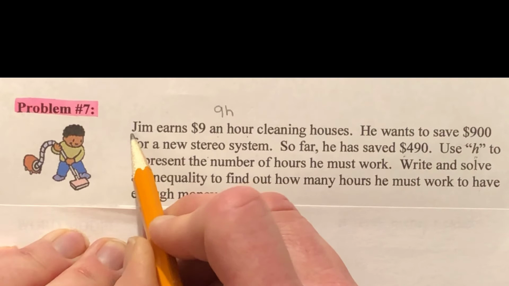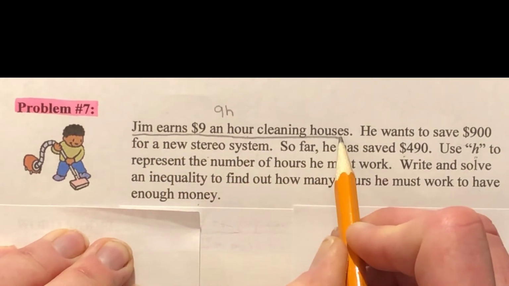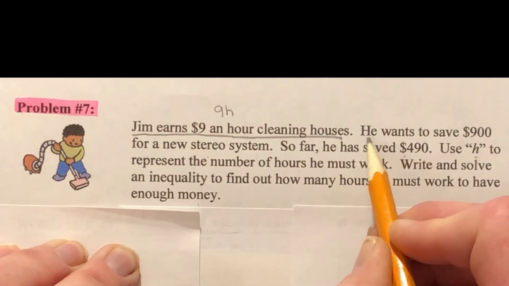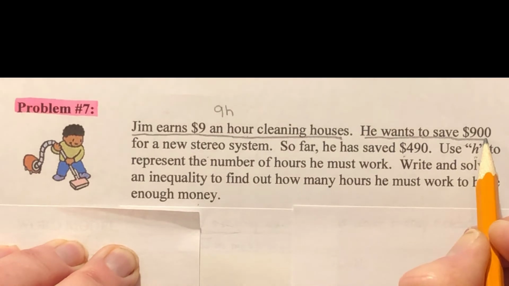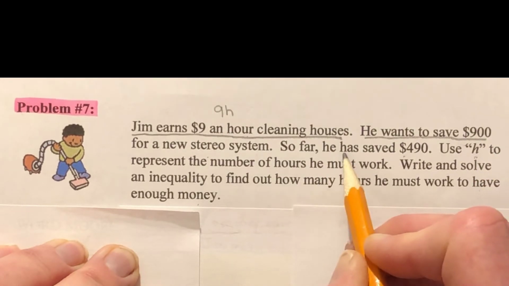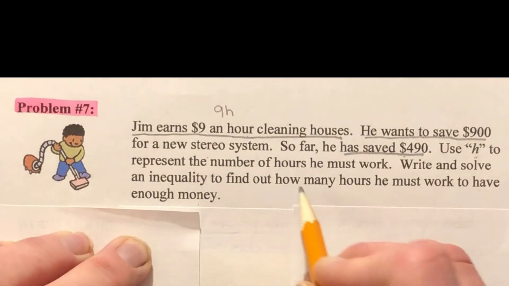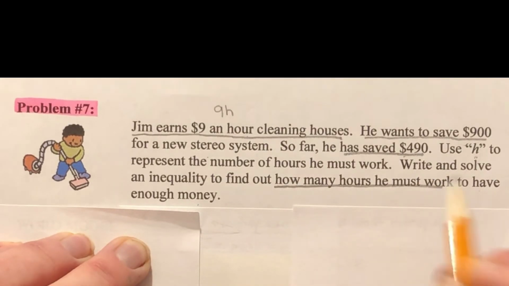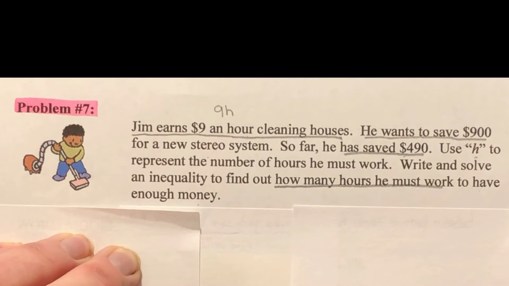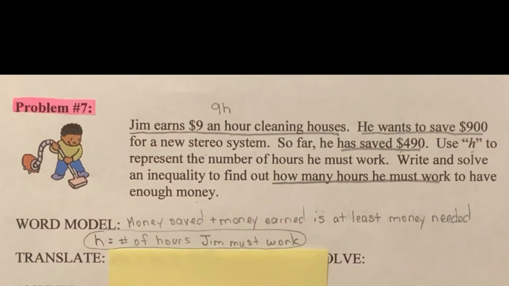So, he earns this per hour. He wants to save this. He has this. We want to find out how many hours he must work. Let's examine how we can put this in a word model to organize the information that we have.